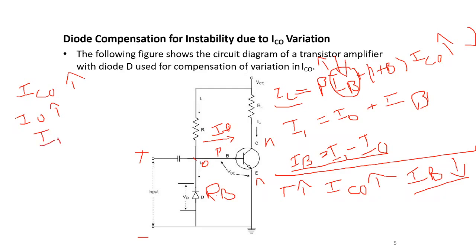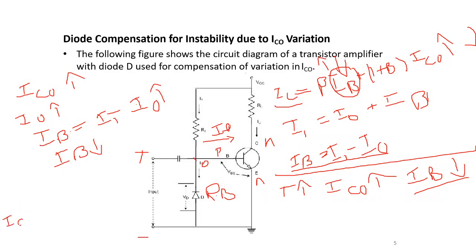IB current is equal to I1 minus I0, right? Whenever I0 is increasing, the subtracting part is increasing in this case. So indirectly, what happens? The IB current is decreasing.